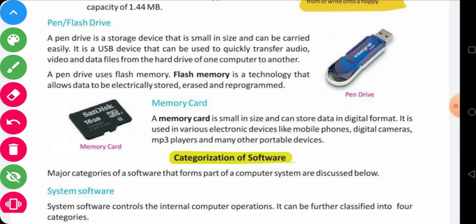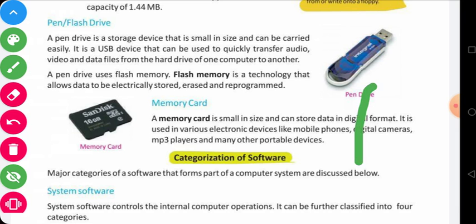For such information we require additional storage capacity, and for such purpose a memory card is very suitable. Okay, the memory card is small in size and can store data in digital format. It is used in various electronic devices such as mobile phone, digital camera, MP3 player. Okay, all such devices are portable devices.